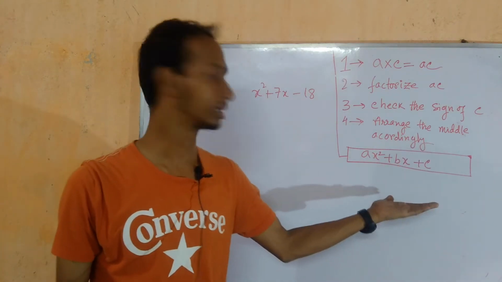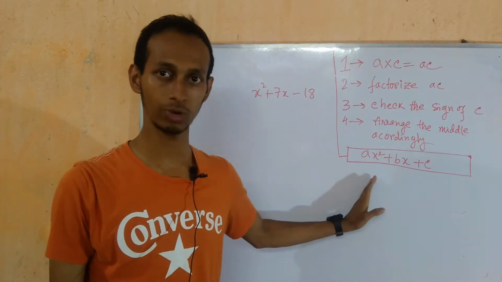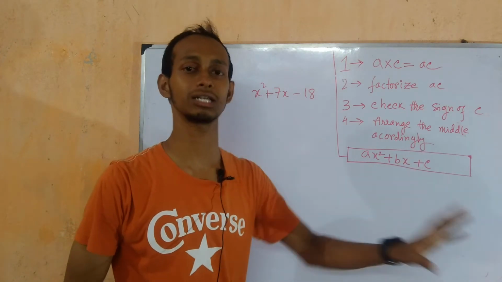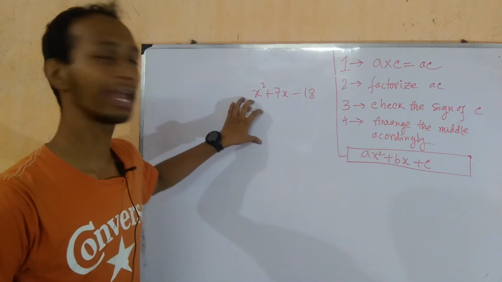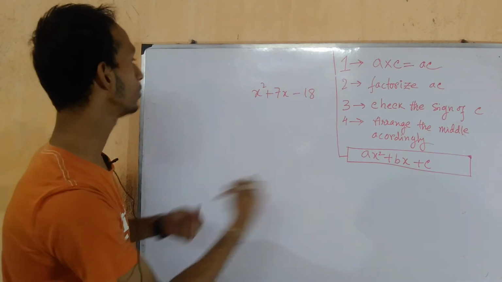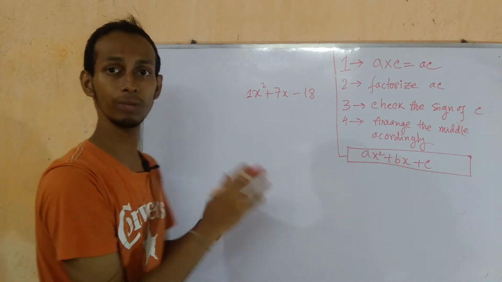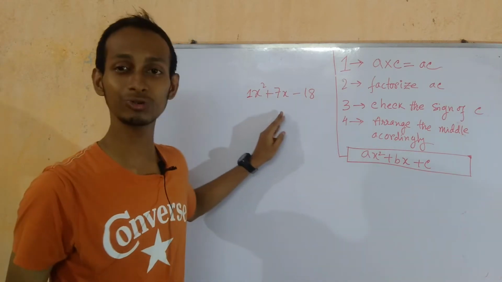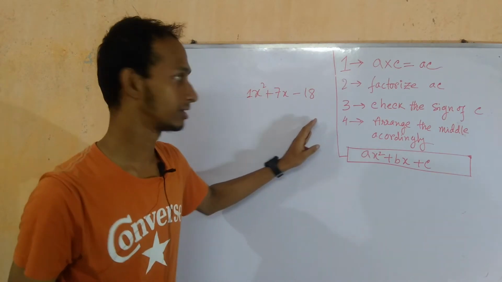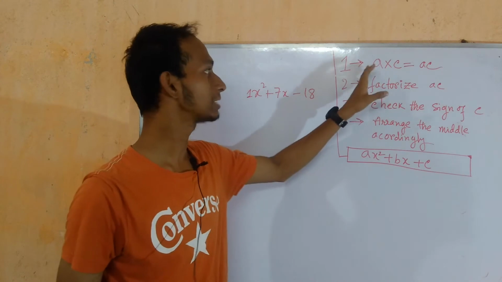Now a means the coefficient of x square, b means the coefficient of x, and c means the constant term. Here a equals 1, since the coefficient of x square is 1. b equals plus 7, and c equals minus 18. So at first, the step is to multiply a and c.